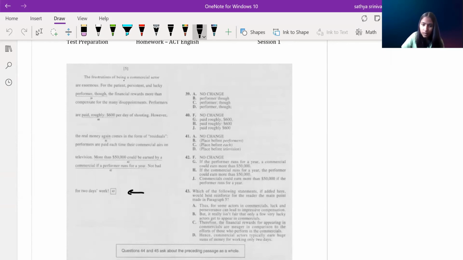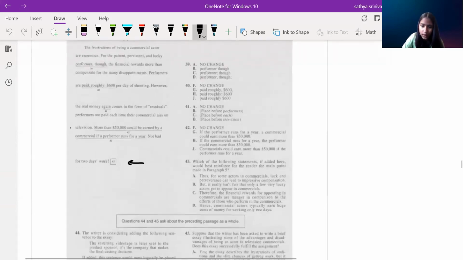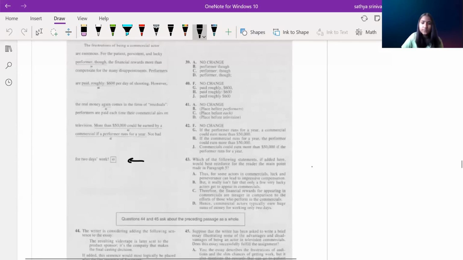So, which would reinforce the idea? So which one is talking? How you answer this question is basically the one that restates or states in another way what is being talked about here, right? So mainly it's talking about financial rewards compensating for disappointments, for patient, persistent, lucky performers, and the value of money, right?